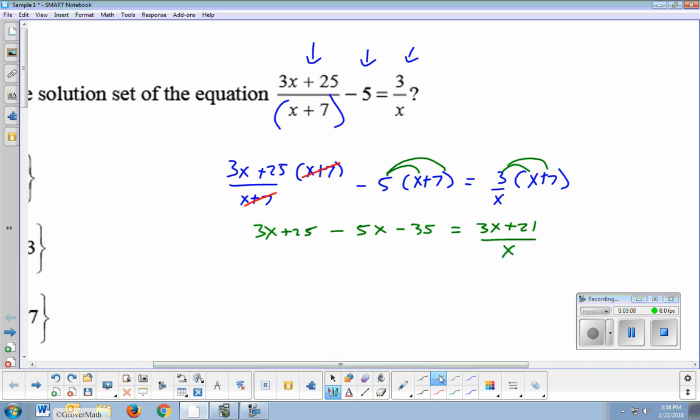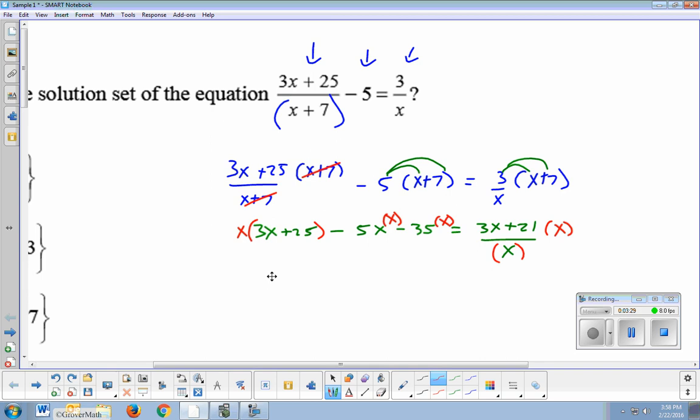And now I'm down to one denominator. So now I need to do exactly what I did here. This denominator of x, I'm going to multiply every term by x. So I'm going to multiply this by x, this one by x, this by x, and I'm going to multiply this whole thing, or individually, by x, either way.